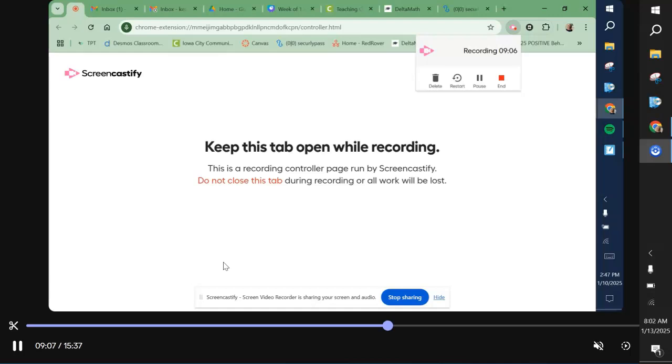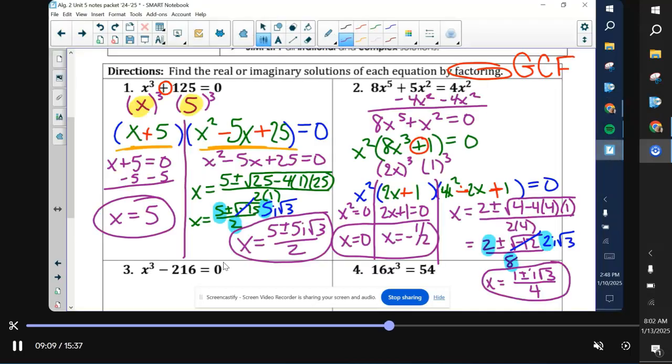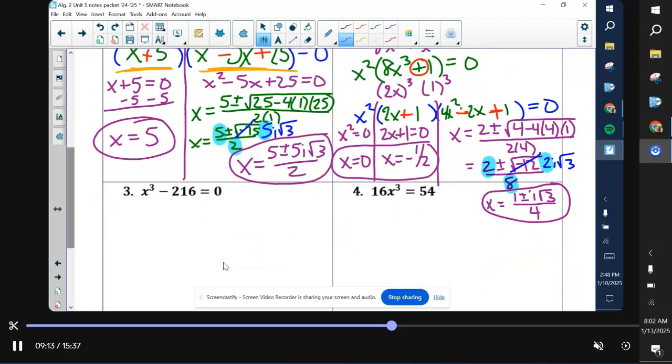let's use the quadratic formula. Pause, come back. Here's our answer, 1 plus or minus i square root of 3 all over 4. Next one, it is set equal to 0.